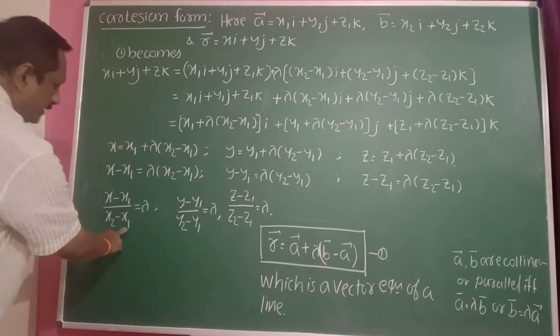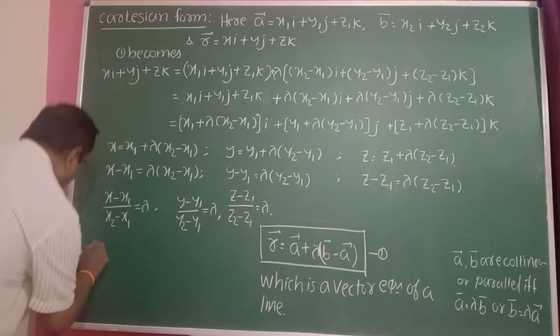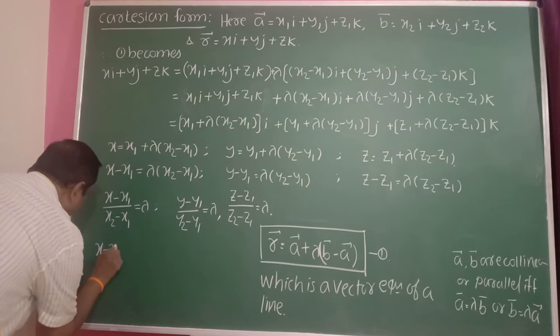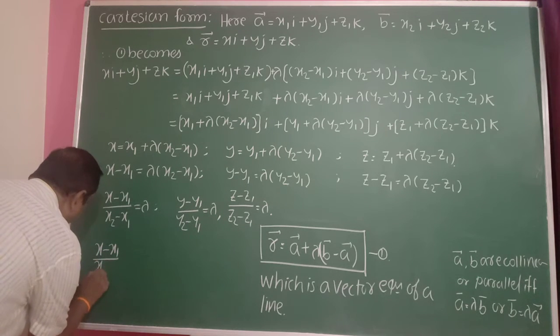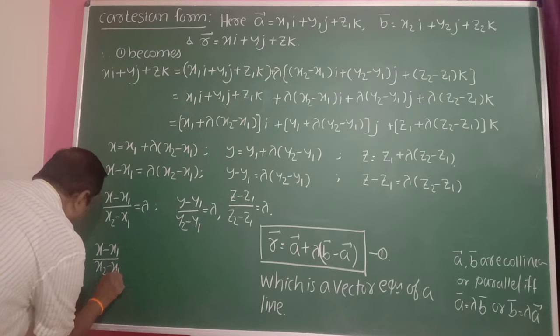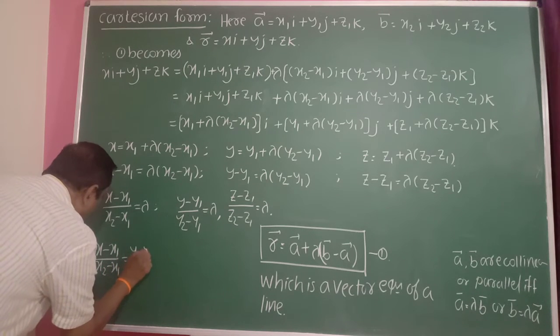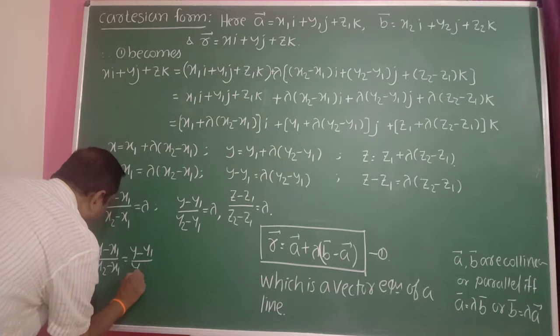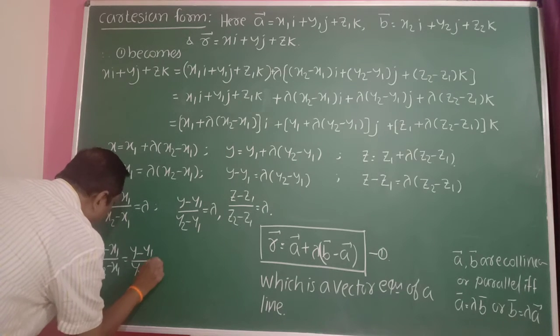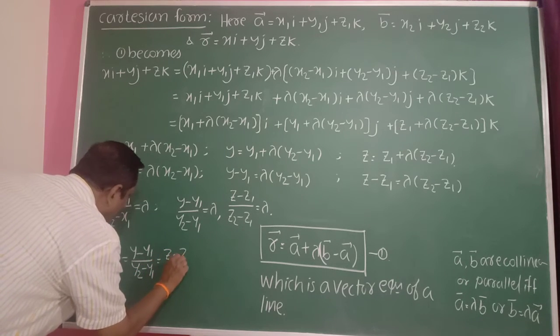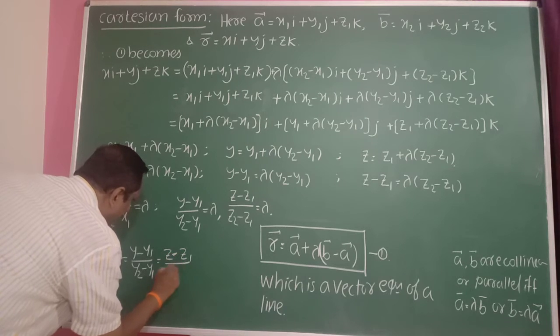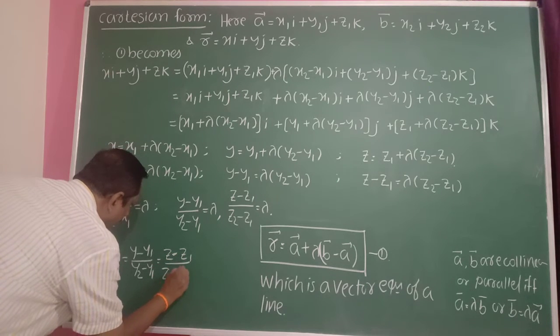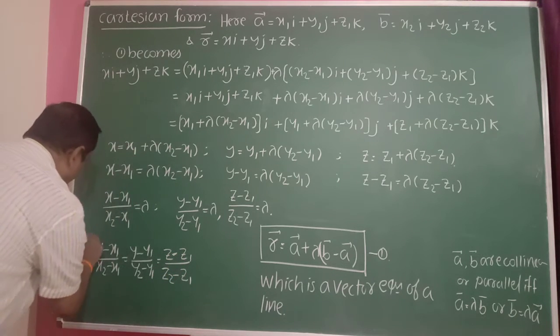Hence each ratio is λ. Therefore, (x − x1)/(x2 − x1) = (y − y1)/(y2 − y1) = (z − z1)/(z2 − z1).